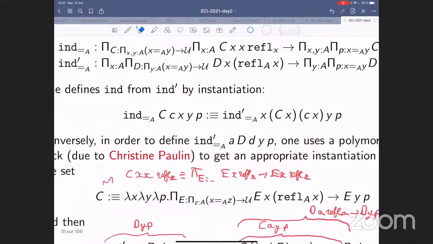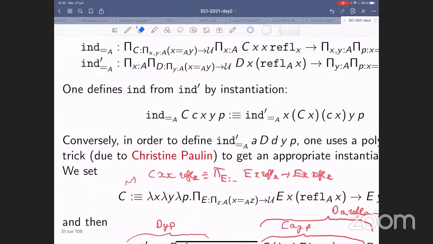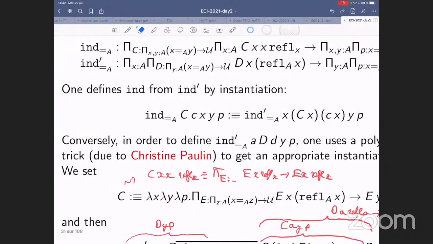If we want to show the induction principle applied to some family C, maybe I should type things in order to understand them. So C should be a family depending on X, Y, P, so maybe I write just C X Y P, just to remind you that this family depends on X, Y, P, okay?